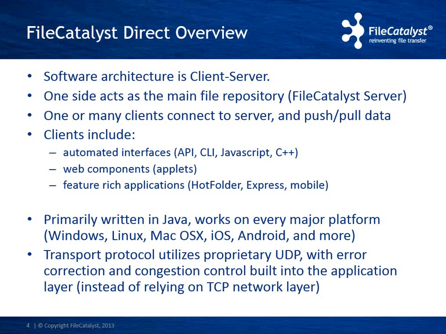We have a number of clients, including a command line, APIs, or Java applets. Today we're going to mostly be talking about the HotFolder and the server application to do the transfers. Another client application we provide is FileCatalyst Express, which looks a little bit more like a FileZilla interface, where you can do on-demand, ad hoc transfers instead of configuring something ahead of time.